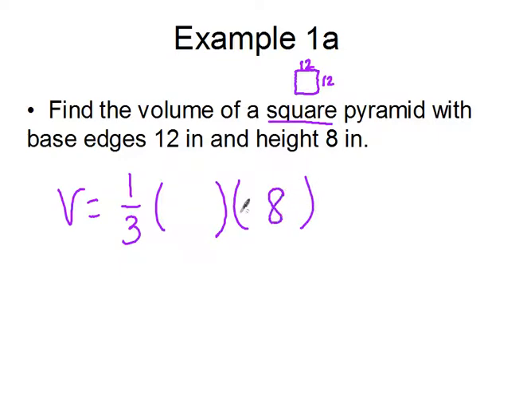They gave us the height. Area of the base would be 12 times 12, would be 144. Okay, so we do 1/3 times 144 times 8. We get 384 inches cubed. Okay, formulas are very important right now.